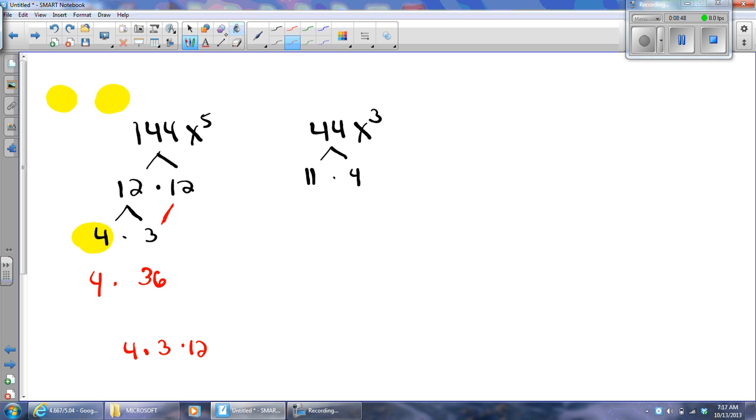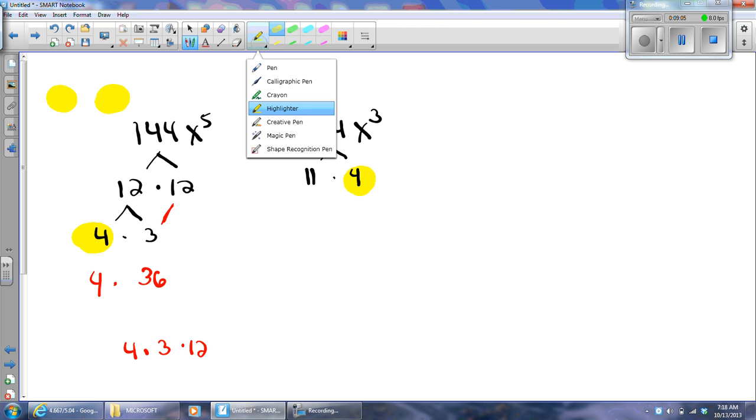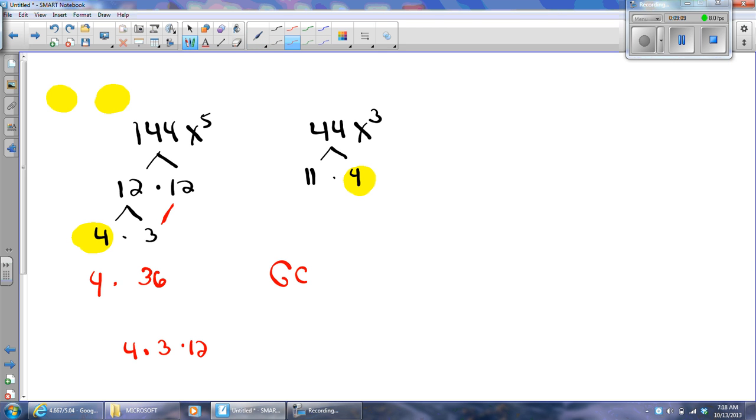I thought I was in highlight mode and I wasn't. There we go. So part of my GCF is going to be a 4. Yeah, that's going to be the greatest number that goes into both 144 and 44 evenly. Okay? Now, how about those x's? Oh, wait, I should do GCF. I know my GCF is going to have a 4 in it.